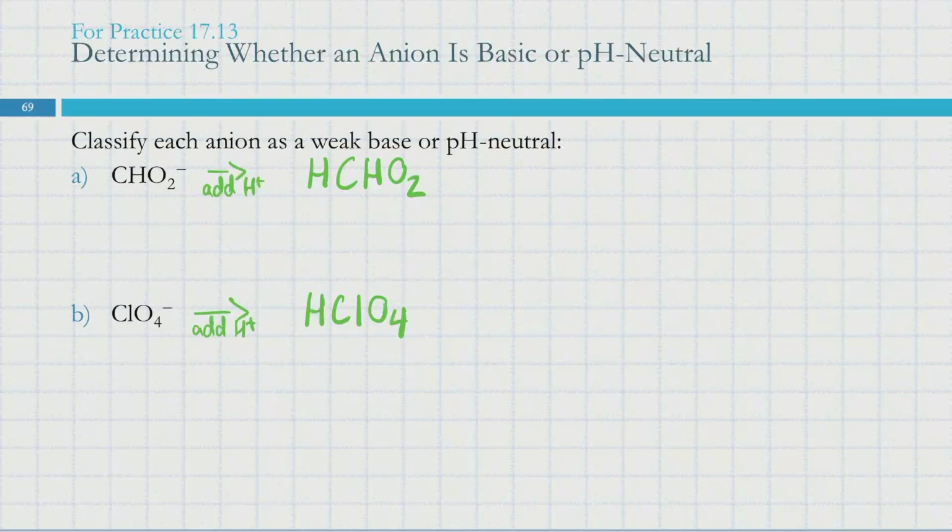Any guesses or knowledge about whether perchloric acid, our second option here, HClO4, is a strong or weak acid? Perchloric acid is a strong acid. This was one of the ones on, I think it was 6.